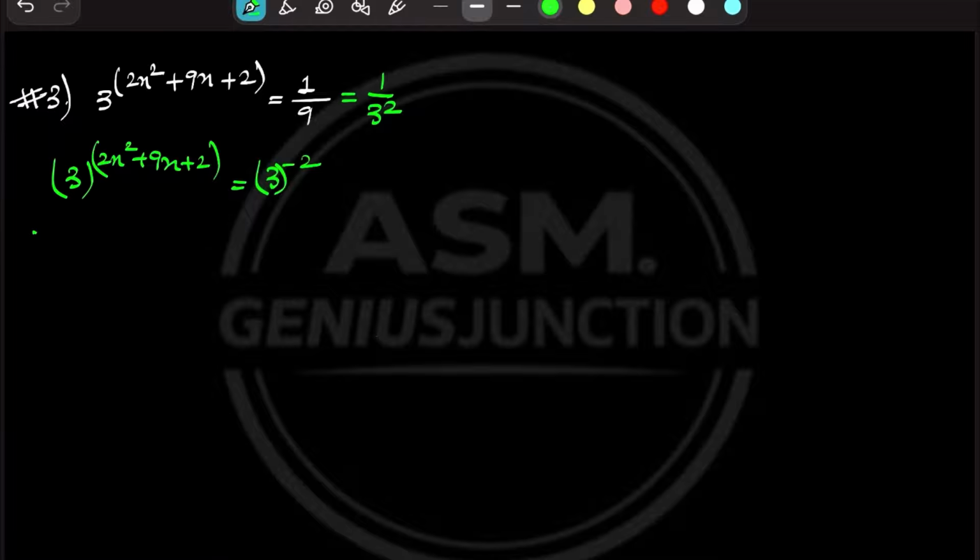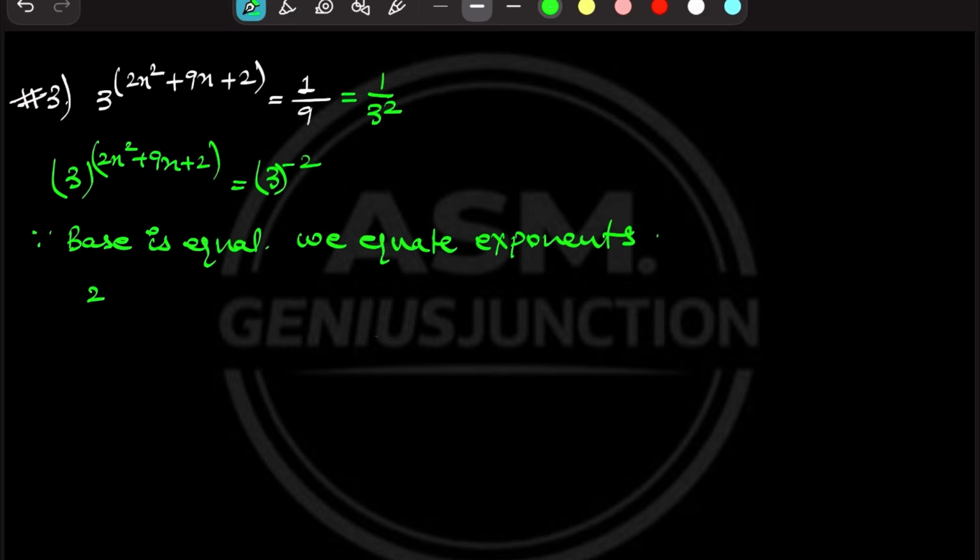Now since base is equal, we equate exponents as well. So I can write 2x square plus 9x plus 2 equals minus 2, right? So when we solve this further, we will get 2x square plus 9x plus 4, that is 0.